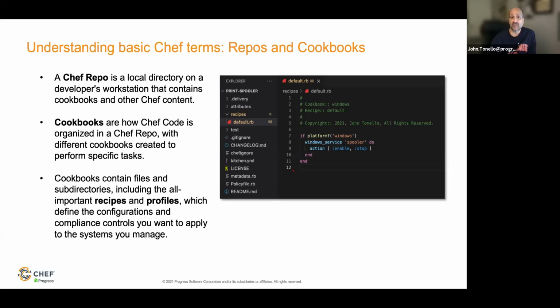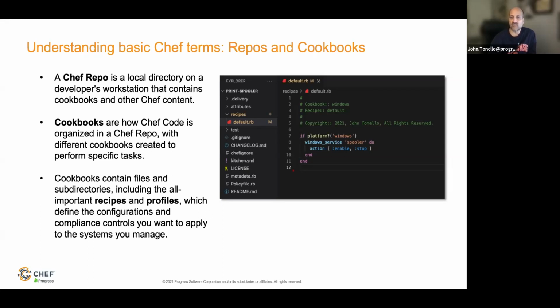For developers, we throw around the term chef repo. What's a chef repo? If you've used GitHub or any kind of source control manager, a repo is a place where you store stuff. And it's the same in Chef. The chef repo is a directory that you create on your workstation. Developers create basically a folder to store all their stuff.